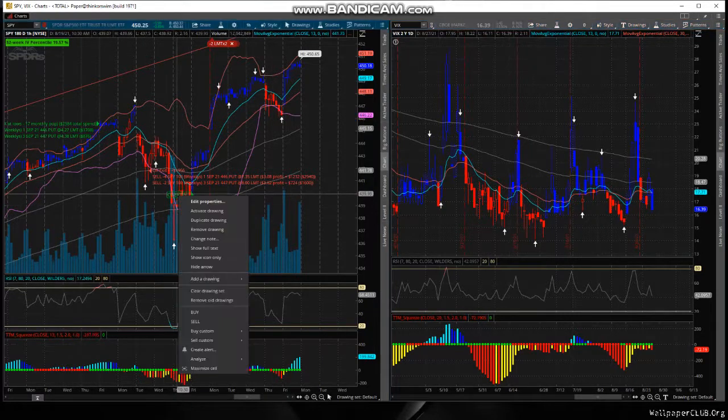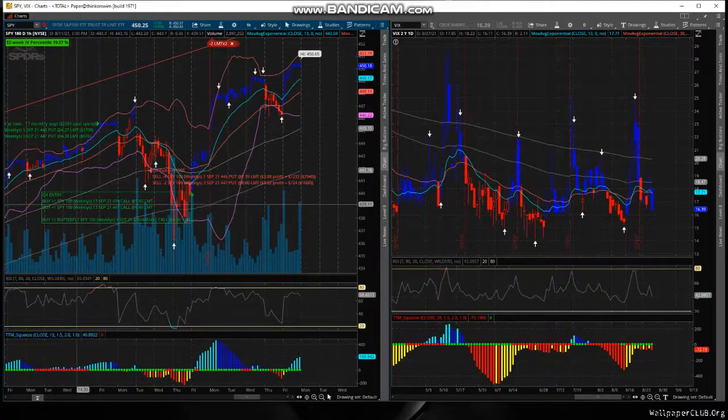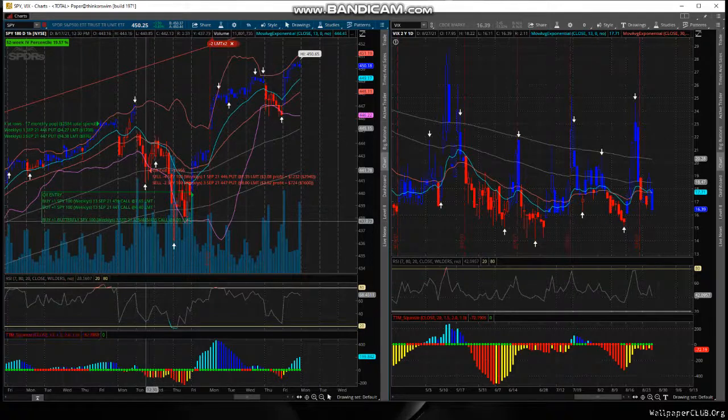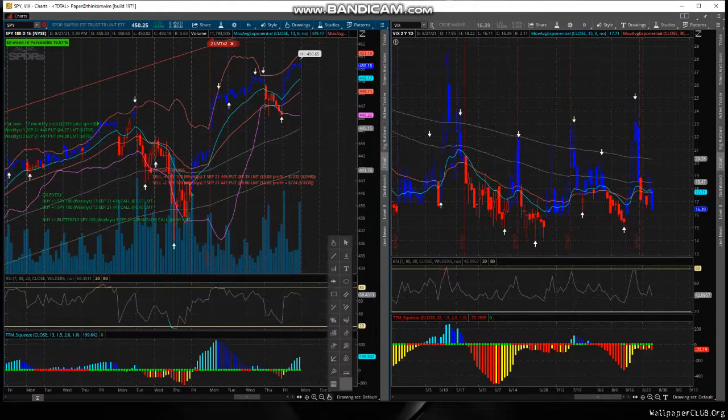So at that point, I bought just a couple of small calls, one for $700, one for $600, and I bought a butterfly. The butterfly is a 435, 445, 455.